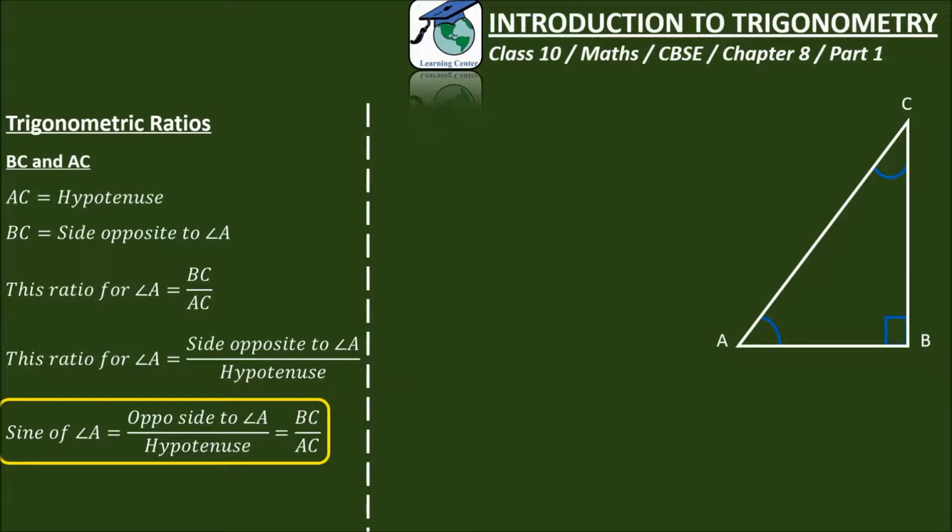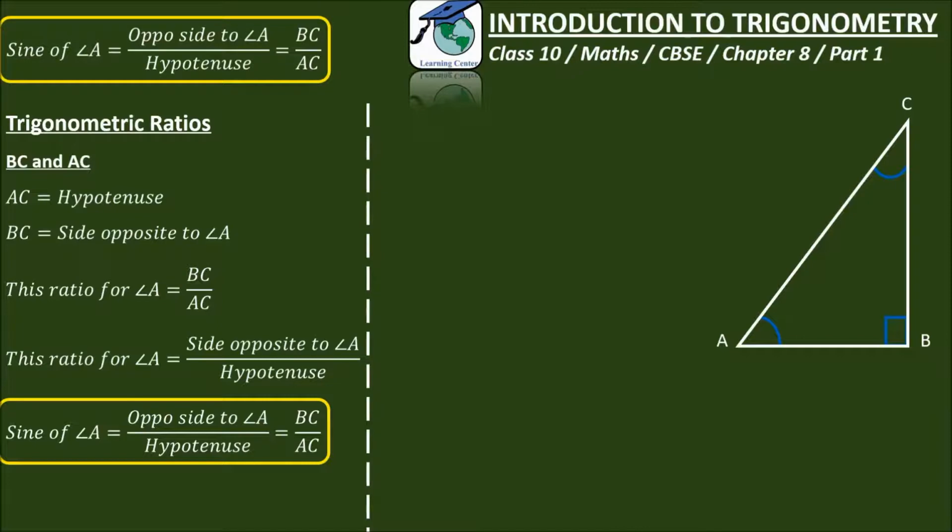Now let us try to understand what is so special about this trigonometric ratio, or we can say trigonometry. Before that, I will note down the formula of sine here. Look at this triangle ABC. What I will do, I will draw a line on AB such that it is perpendicular to AB and it will meet AB and AC at point P and M. So this line PM is perpendicular to AB.